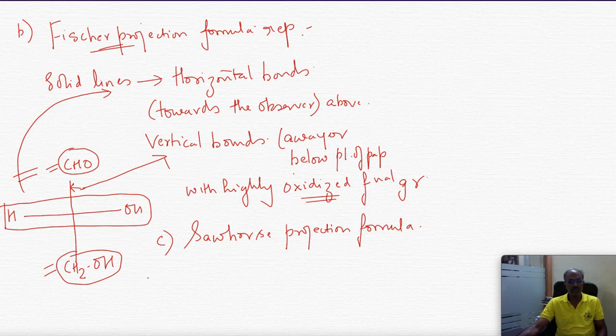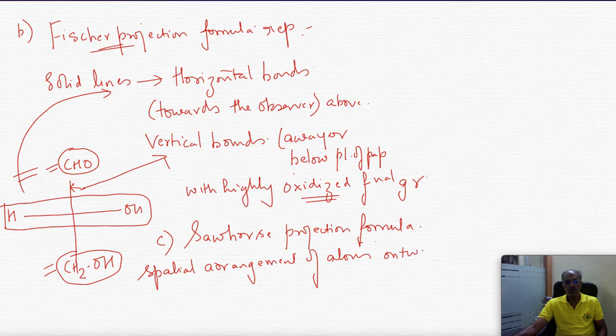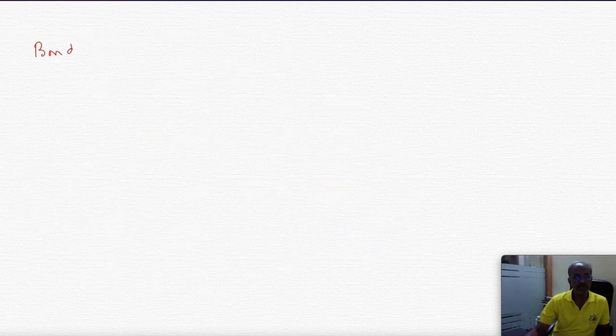Now the Sawhorse formula is nothing else but a spatial arrangement of atoms on two adjacent carbon atoms.